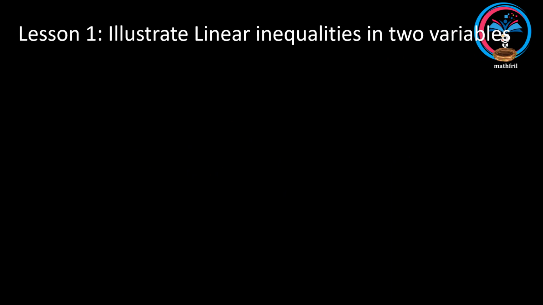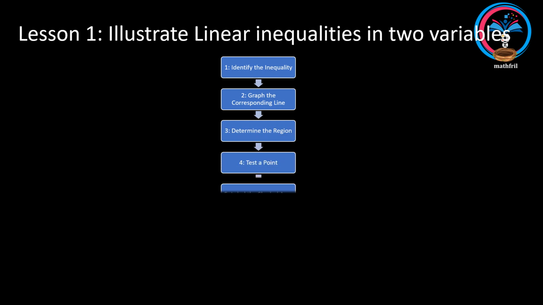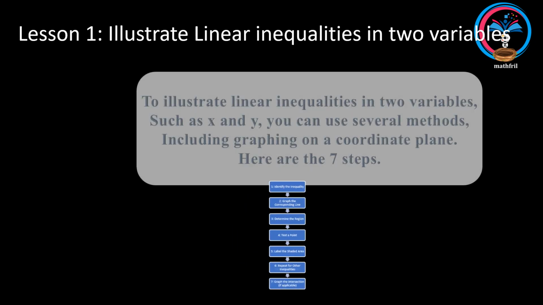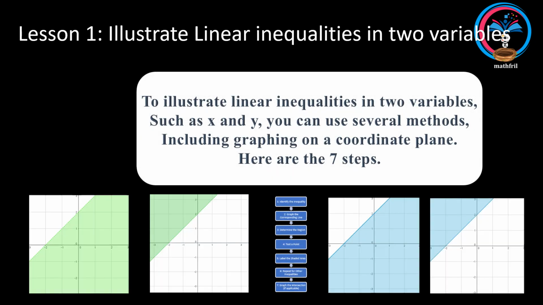There are a lot of methods in showing this in graphing form, and I have here 7 steps in graphing. These are the 7 steps, and the method focuses on graphing linear inequalities in two variables.